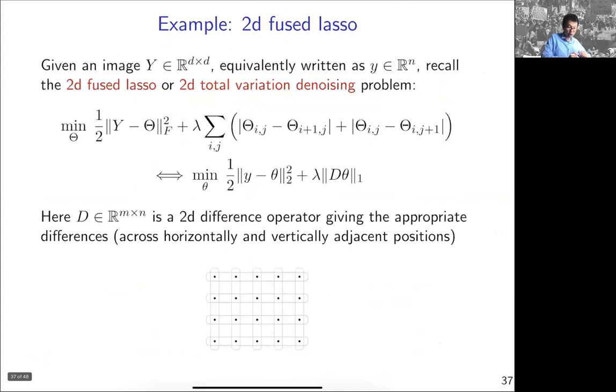You can also generalize this by choosing k to be 0, so that it becomes fused lasso, and generalizing this into multiple dimensions. This is like 2D fused lasso, also called 2D total variation denoising, from Rudin, Osher and Fatemi, 1992. It has been extremely popular.